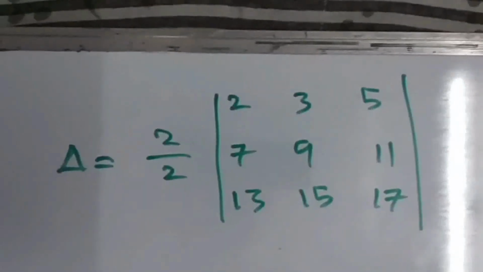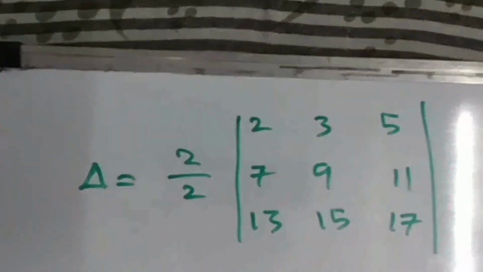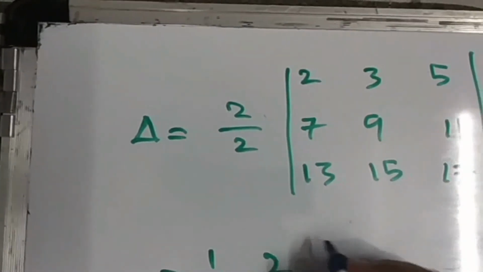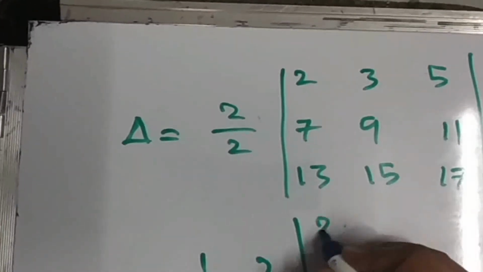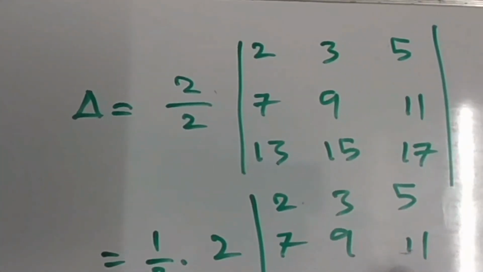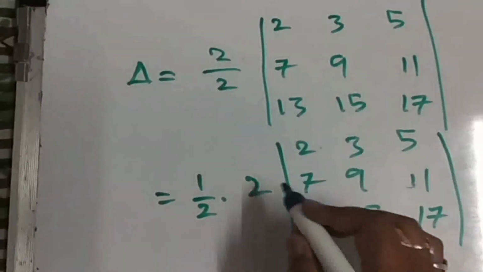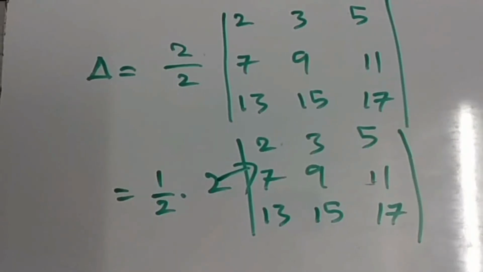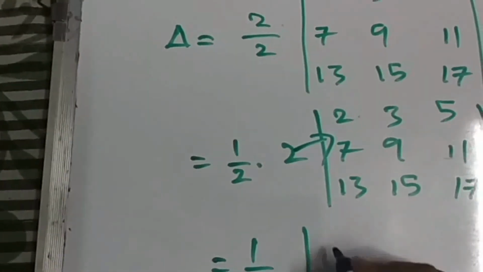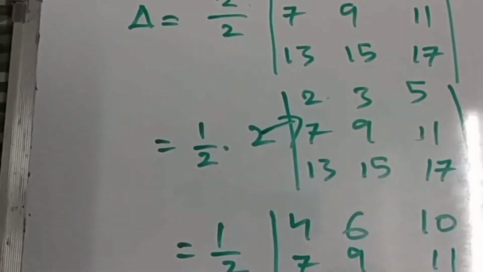Now this can be written as 1 by 2 into 2, and then whatever numbers are there. Now these 2 will be multiplied inside. I want to multiply these 2 in the first row. So 4, 6, 10, 7, 9, 11, 13, 15, 17.